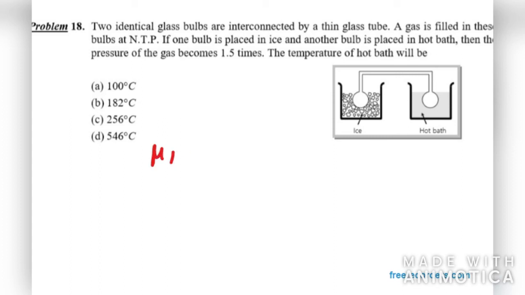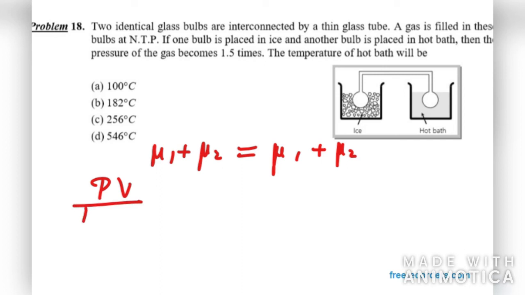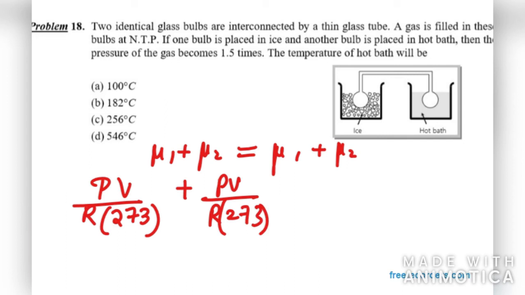So let us apply the ideal gas equation. PV over R times 273, because it is at NTP, equals 1.5 PV over R times 273, because the pressure becomes 1.5 times P.